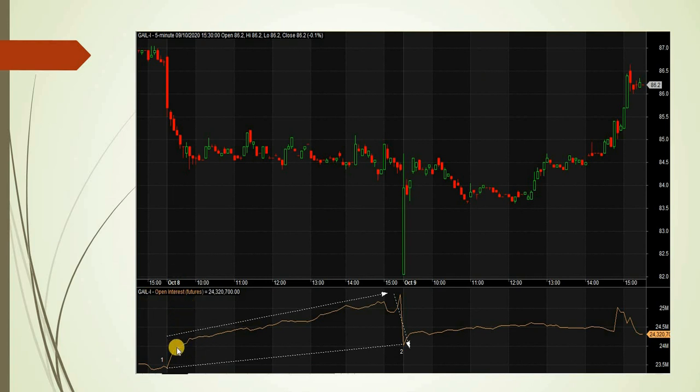OI was continuously going up throughout the day, but on the next day, on 9th October, the OI which was built up on the previous day vanished on the very first tick in the morning.